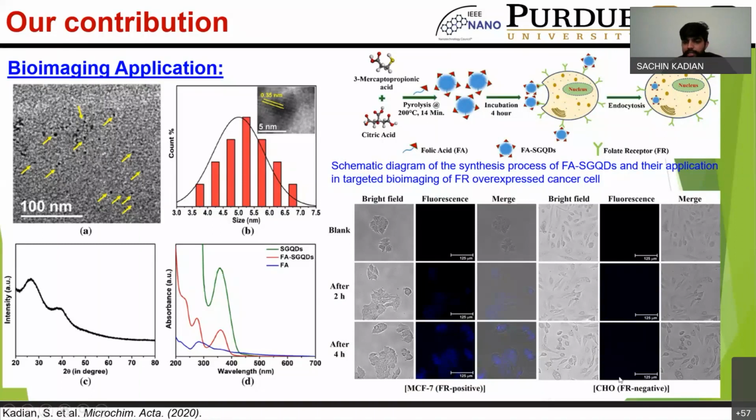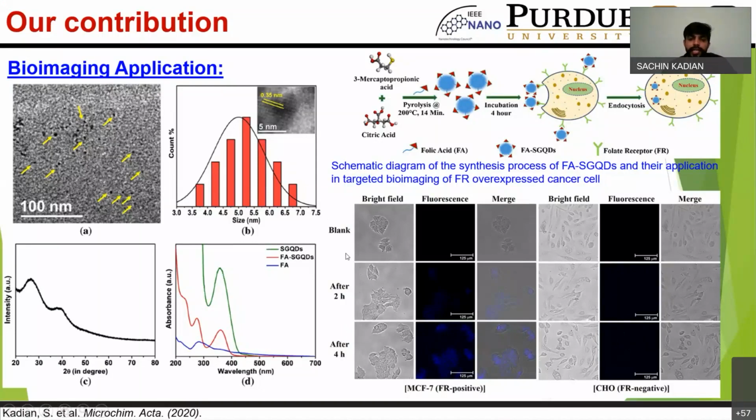These are the FR negative cells, which were not interacting much with the FASGQD. None of the SGQD was taken up by these cells, so we can differentiate cancer cells and non-cancerous cells. This work was selected by the editors of Microchimica Acta as an outstanding article.